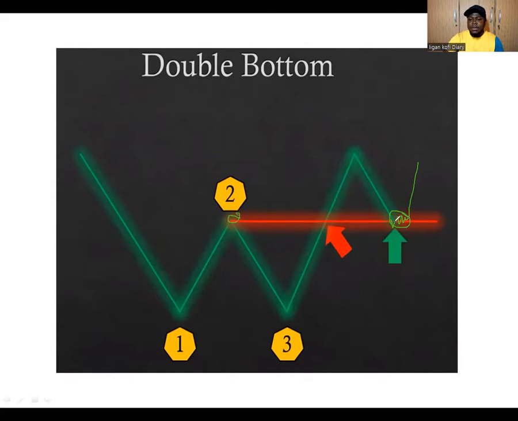If you are going to be using candlesticks, you need to see some candlestick patterns printed. Or if you are going to be using the linear chart, you need to see similar patterns on the neck, giving you an indication that this neck here is going to hold. Then, of course, you can look at your buy to the upside.